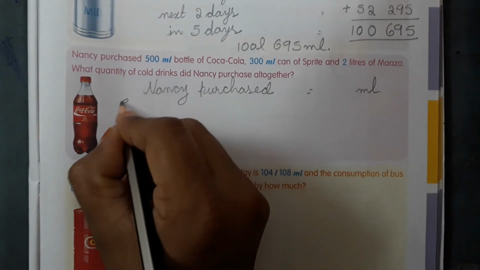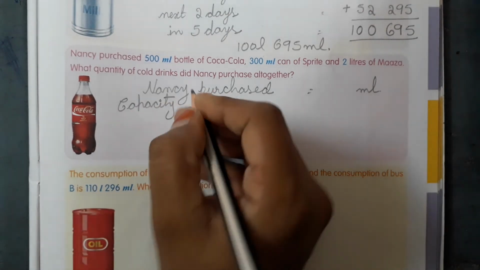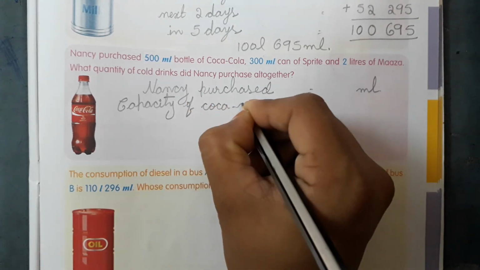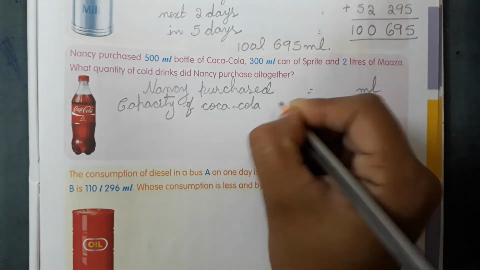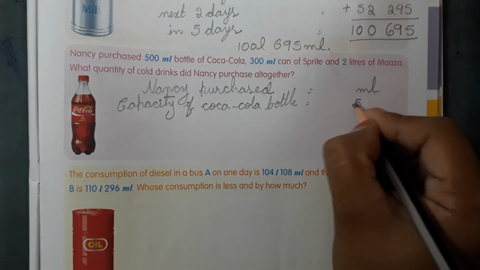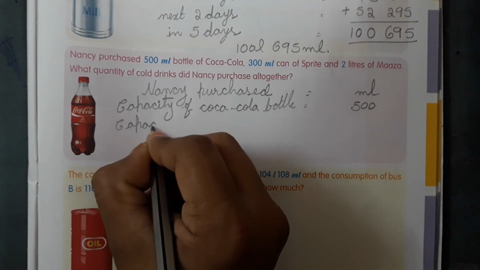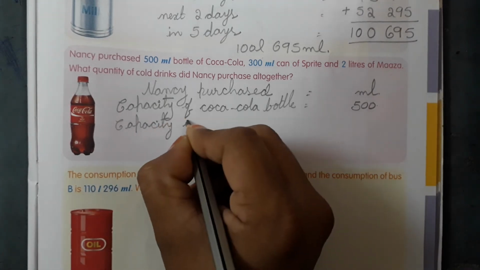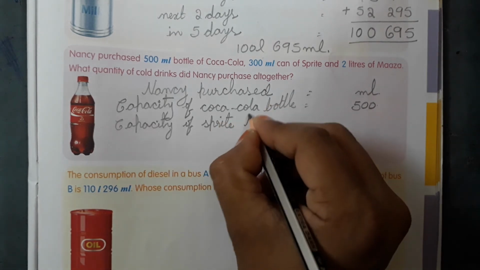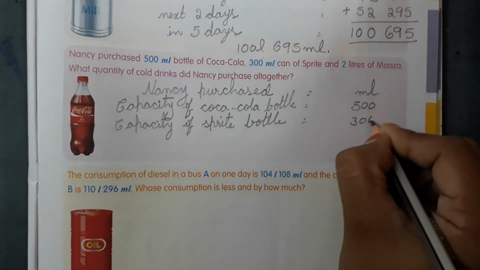So write the capacity or quantity of the Coca-Cola bottle. How much? 500 ml. Next, the capacity of Sprite, 300 ml.